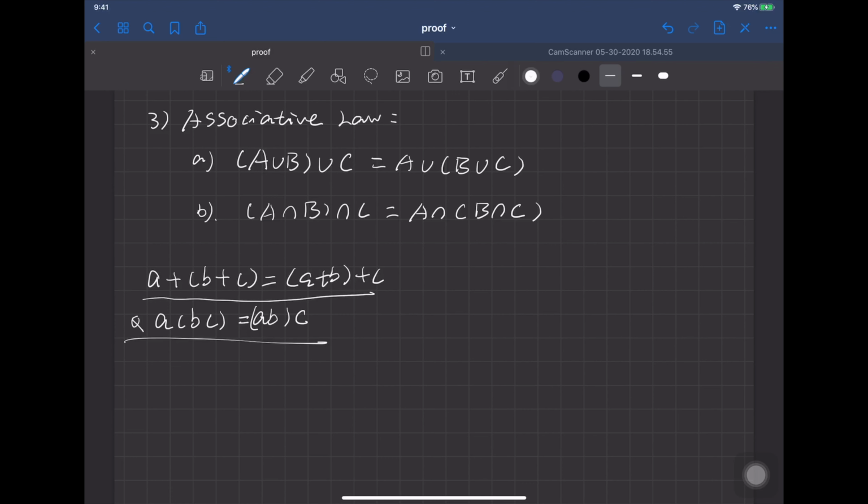If we want to find the union of three sets, you can calculate the union of a and b first, or the union of b and c first. For the intersection of three sets, you can also calculate the intersection of A and B first, or the intersection of B and C first. It doesn't matter because the results are the same.